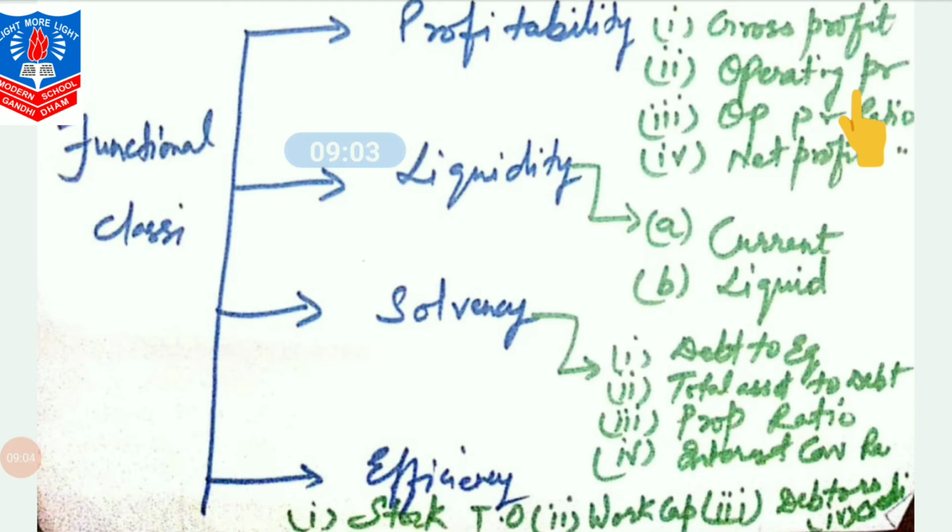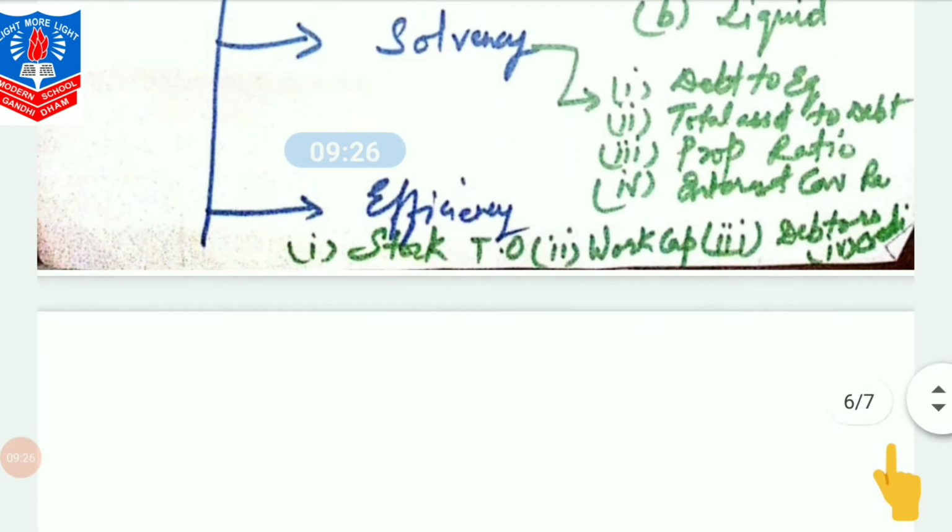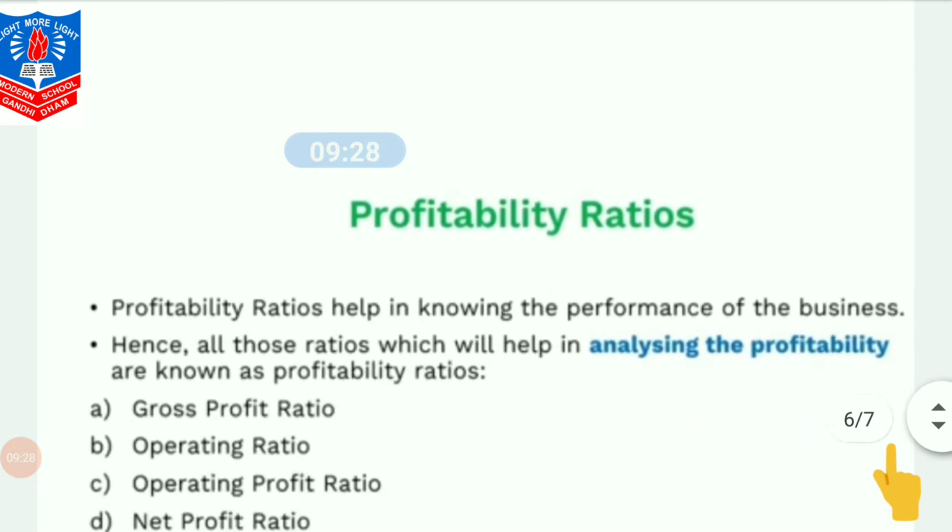It is not included in your syllabus. But GP, NP are included, current and liquid are included, and then all efficiency ratios: stock turnover, working capital turnover, debtors and creditors turnover ratio are included in the current year syllabus practically. Even classification is theoretically included; presentation of ratios, whatever we have done, will be practically included.